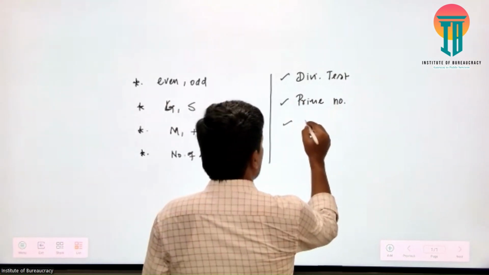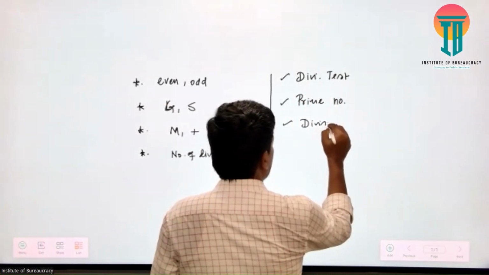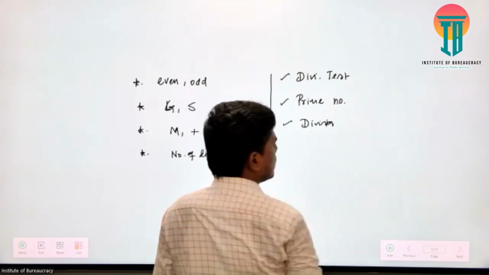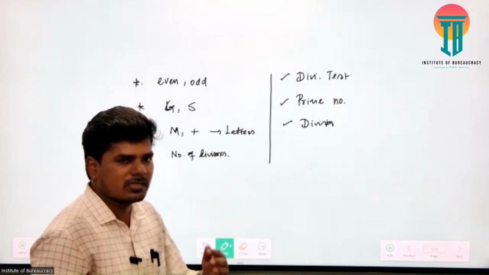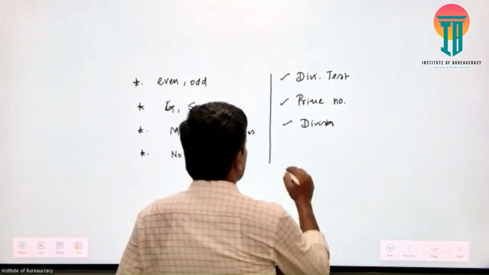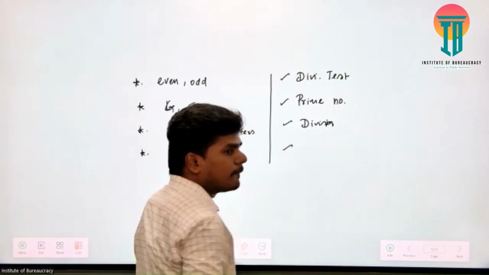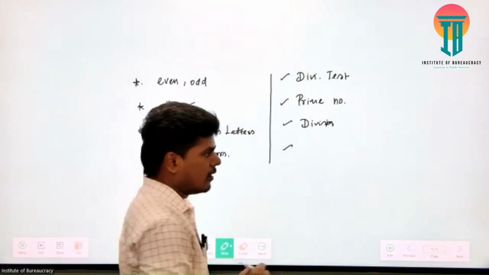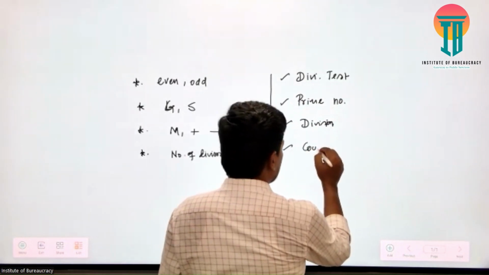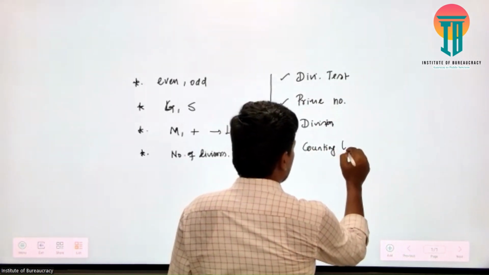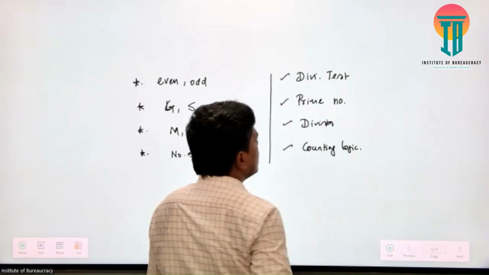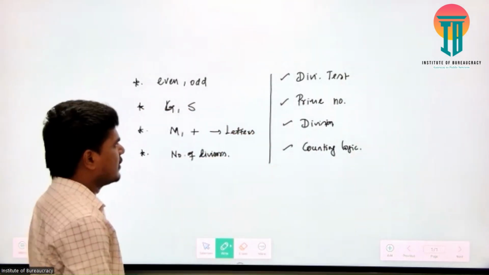Third, we discussed the division concept, problems based on division. And at last we discussed counting logic. Right? These are the things we discussed.